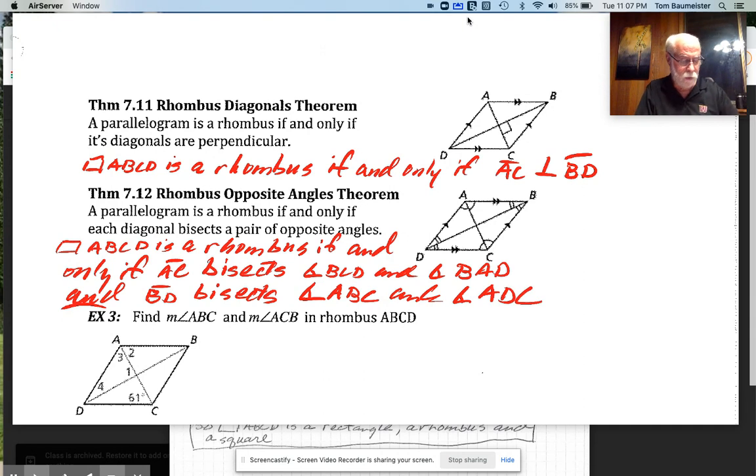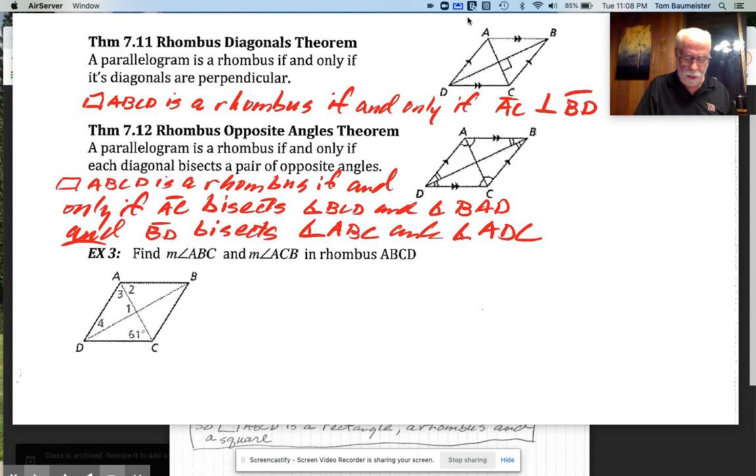All right, so BD bisects, cuts in half, ADC and ABC, which it does. Okay. All right, example 3.